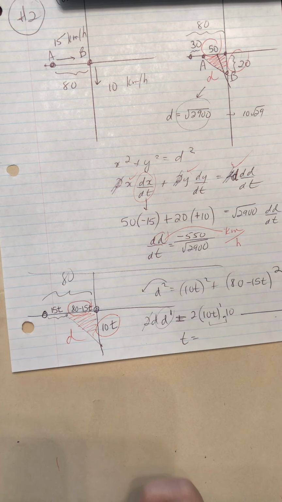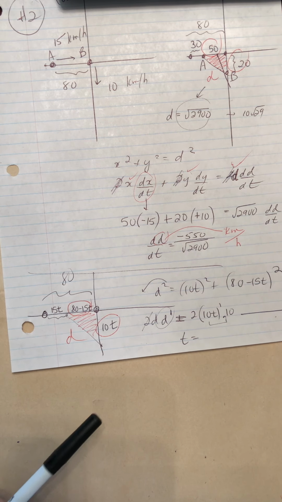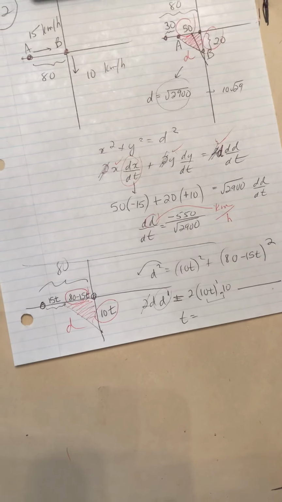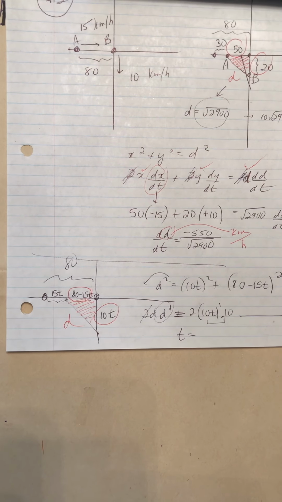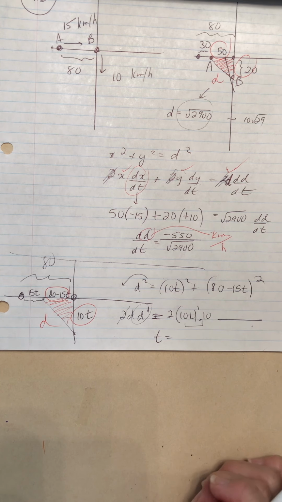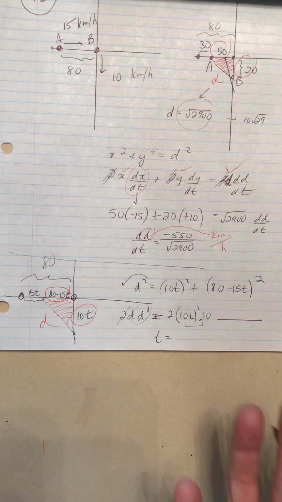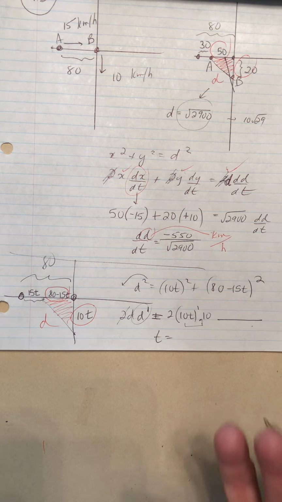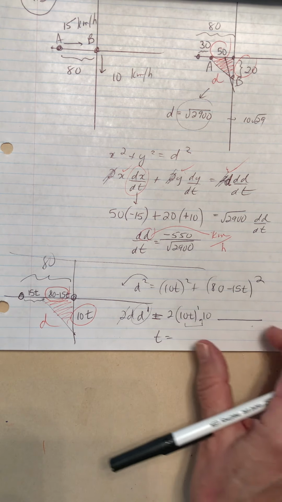And you say, oh, 5 minutes. So your answer would be, 5 minutes after they started, they would be as close as they're ever going to be. So really read the question carefully and make sure you know what you're being asked. Optimization will not have a rate in there and ask you how something is changing at a certain time. So those are 2 motion problems.